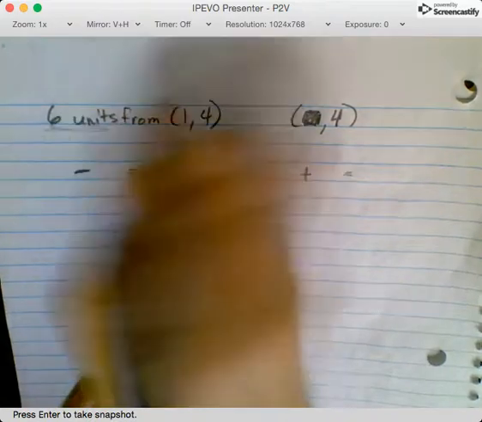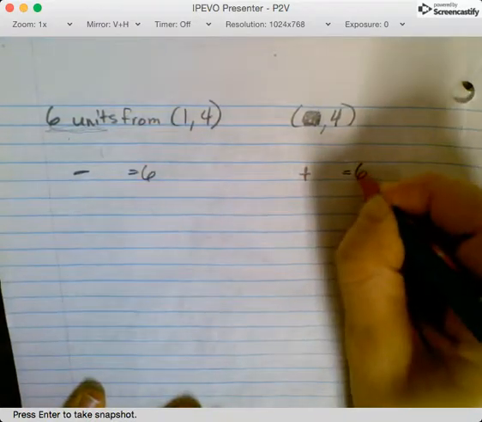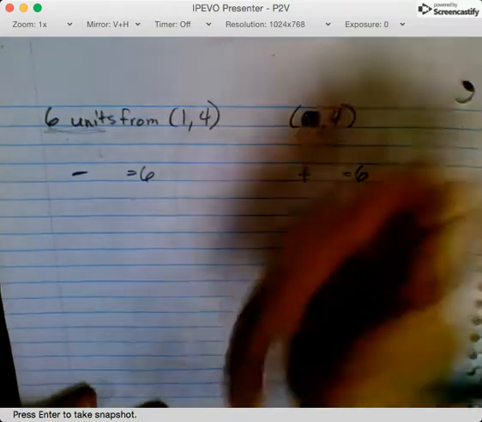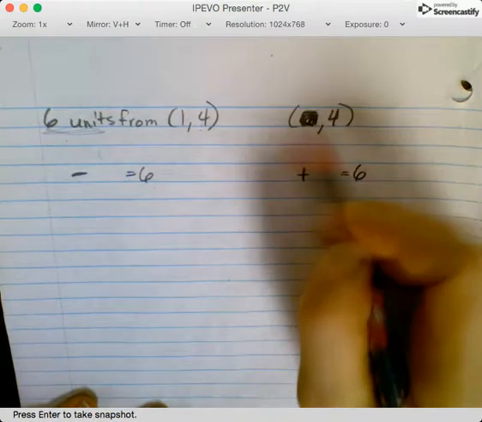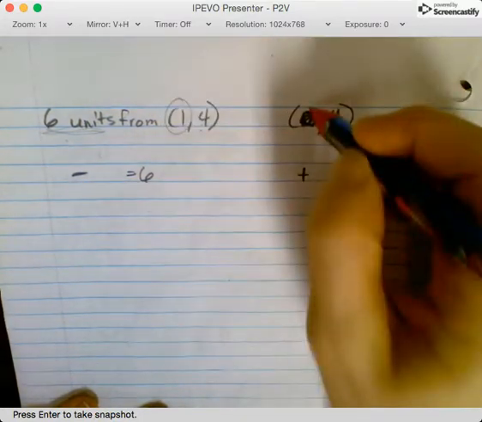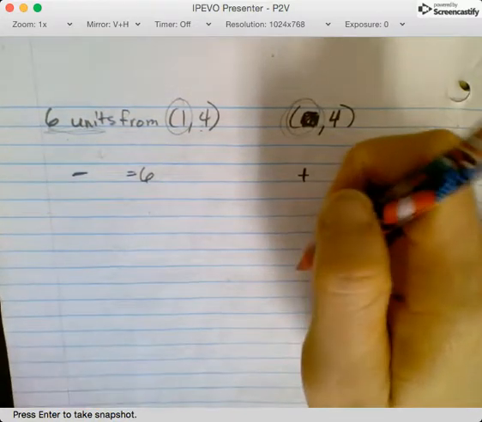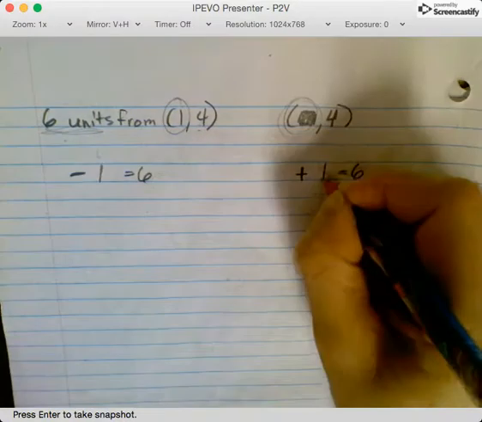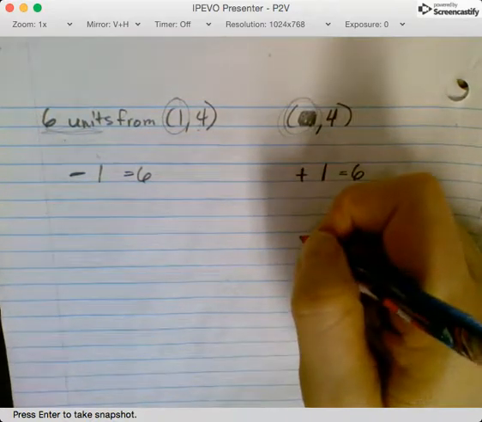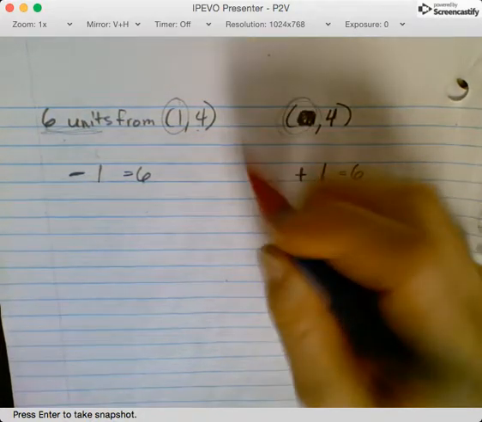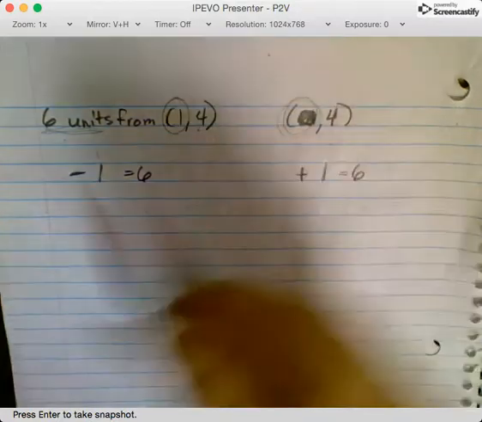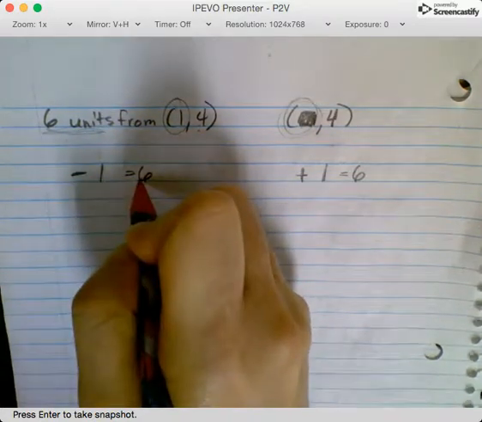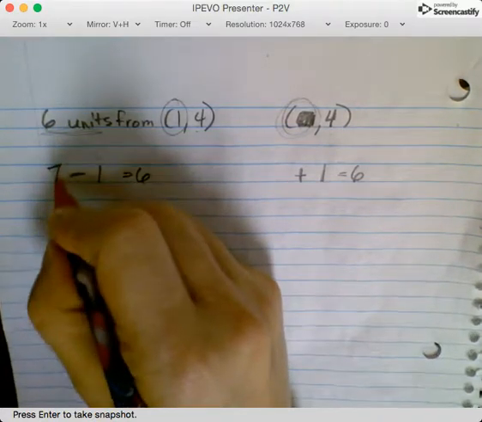My distance 6 is going to go at the end because we are adding or subtracting to find a distance of 6. The 4 is the one that is staying the same. The 1 and whatever this other number is are the numbers that changed. I'm going to put my 1 as a second number and figure out what I can add and subtract with 1 to get 6. 7 minus 1 equals 6, so 7 would go here.